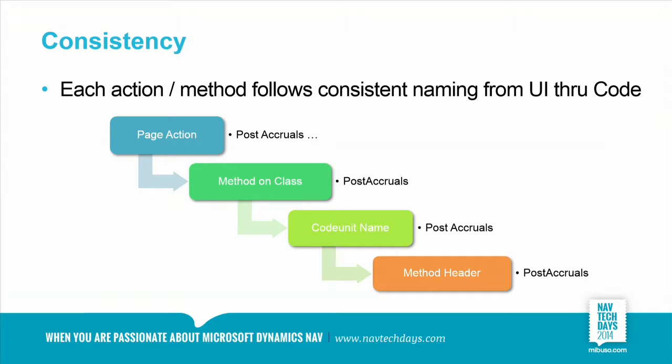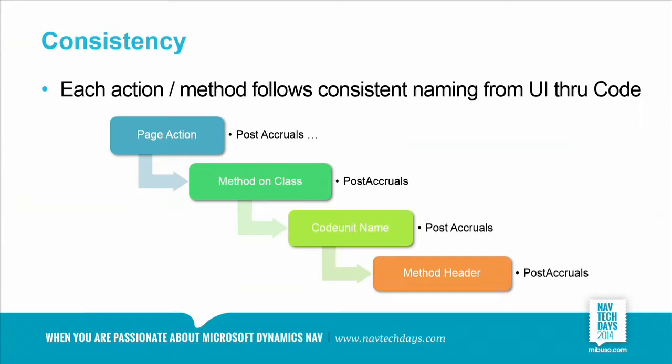We have a method declared on the class called PostAccruals. The code unit name is Post Accruals, or if you're a bit more legacy minded, you could also call it Accruals-Post, which would be the old NAV way of doing it. The method header is called PostAccruals.